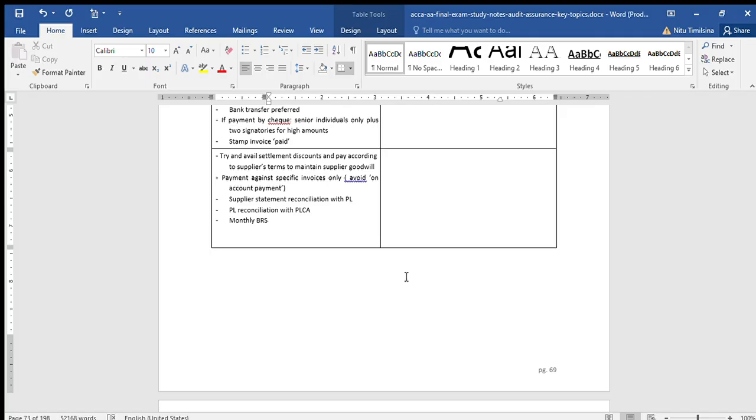If we pay against a specific invoice, it will be easy to trace which invoices have been paid, which have not been paid. And supplier statement reconciliation with profit loss, PL reconciliation with PLCA. And monthly bank reconciliation should also be in place.